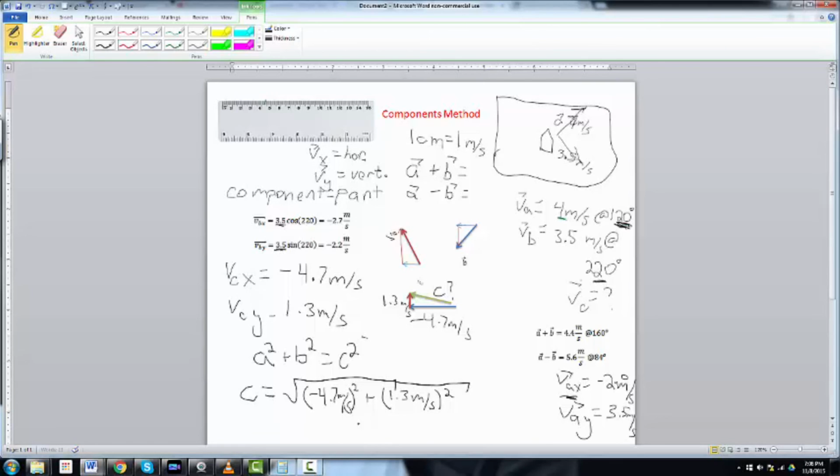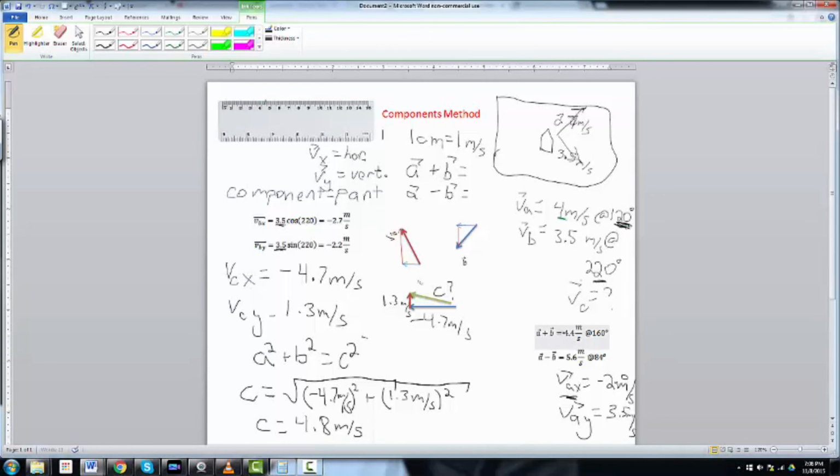This will give me my C value, how long my magnitude is. Let me do this real quick. Negative 4.7 squared plus 1.3 squared, okay, so that gives me about 4.8 meters per second.